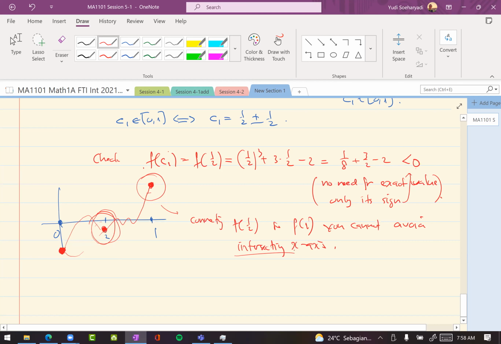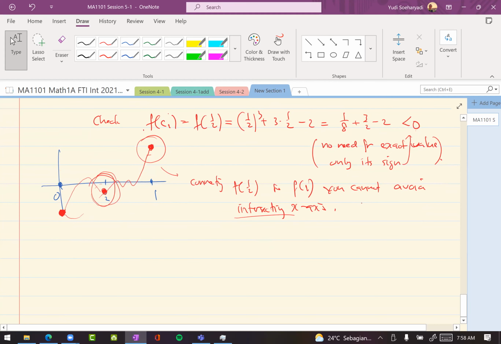What does this intersection mean? The intersection is the root. This is what the IVT tells you.